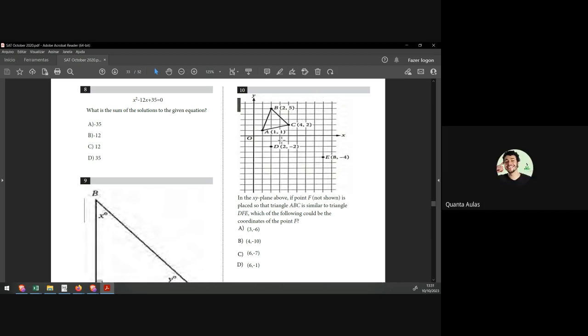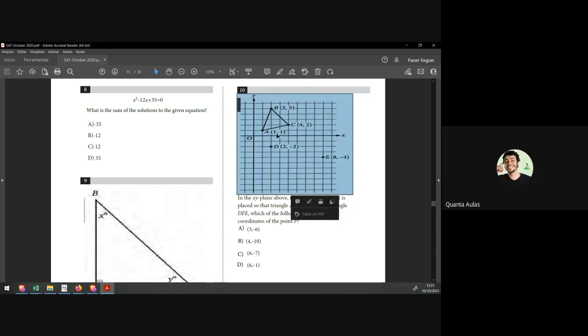Okay. In this situation, if you notice, we have the letter E and letter D. These two points are symmetric. This is symmetric because the only different thing here is the number 2, but 2 is the double of 1, right?